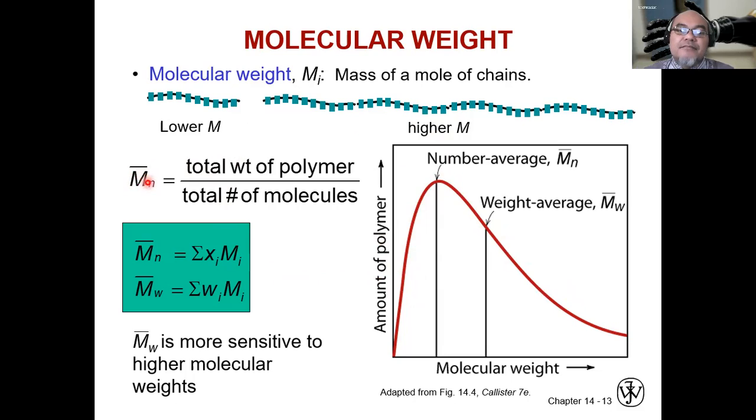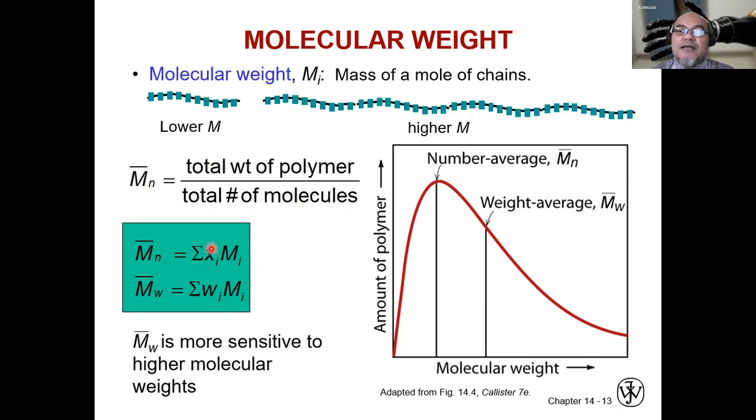Then the average molecular weight is calculated from the total weight of that polymer divided by the total number of molecules. So this Mn, the molecular weight, can also be calculated as sigma xi multiplied by Mi.